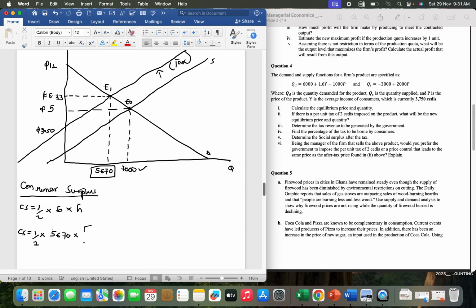So half times 5670 times the height. So this is my consumer surplus, this side. From this side upwards, 12 minus 6.33 would give me the height here.